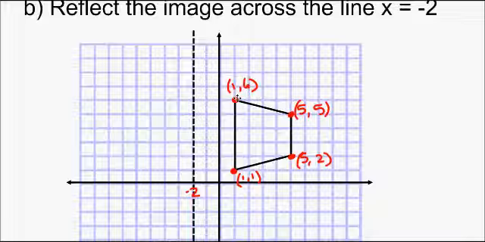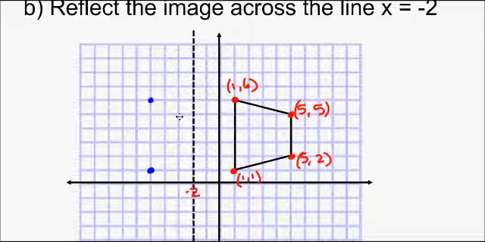Okay. So I'm going to start up at the top. This point, (1, 6), is 1, 2, 3 units from my line. So the reflection is also going to be 1, 2, 3 units from the line, but the same y coordinate. Down here, this is also 3 units from the line, so I'm going to be 3 units on the other side of the line. (5, 5) is 1, 2, 3, 4, 5, 6, 7 units from my line.